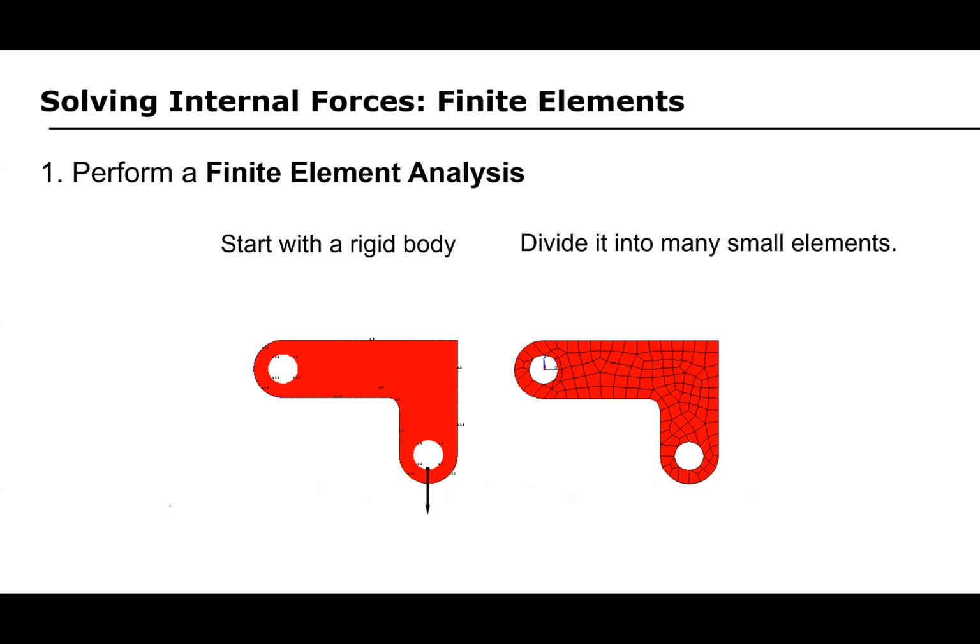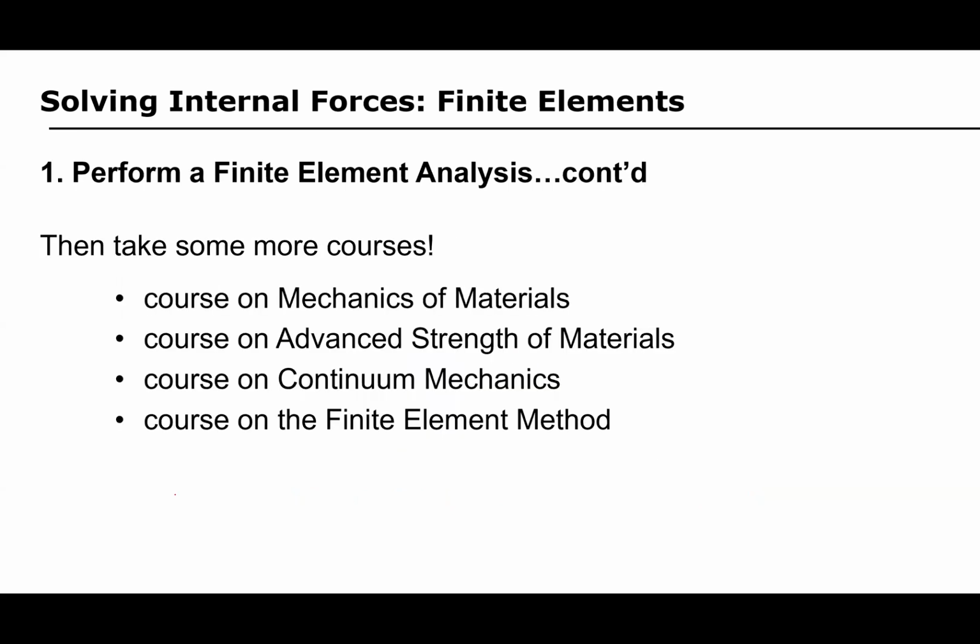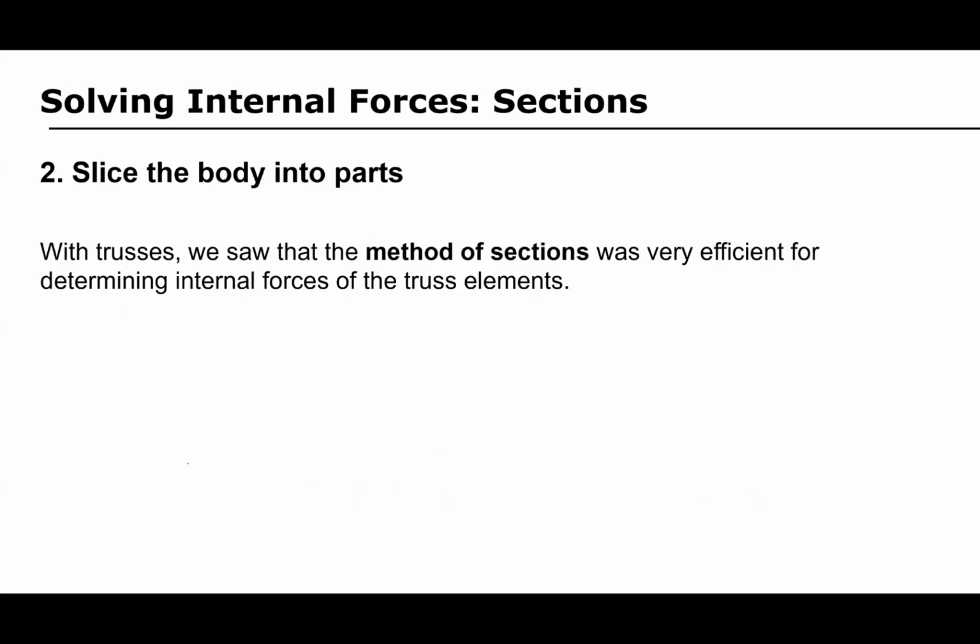Now, how do we solve the internal forces? First method is finite element, but we're not going to go over this method in the course. There will be different courses coming up if you take a civil engineering major, and you will understand it later. Second method is similar to what you had before.